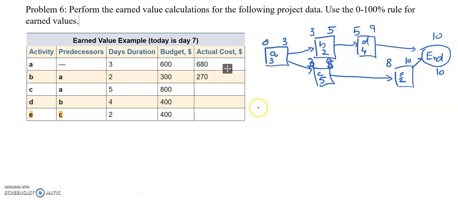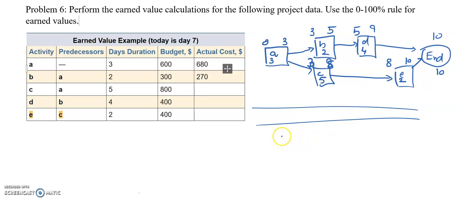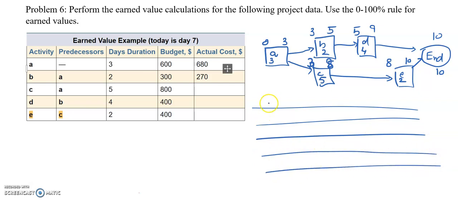So what we can do is draw a kind of Gantt chart for each activity A, B, C, D, E. Here I will draw A, B, C, D, E, and then show the number of days: 3, 2, 5, 4, 2, and then the budget.